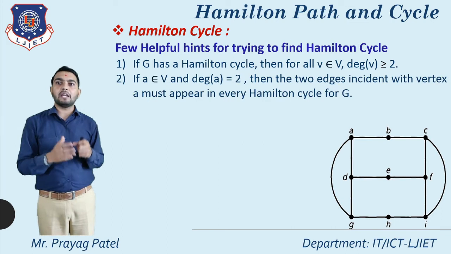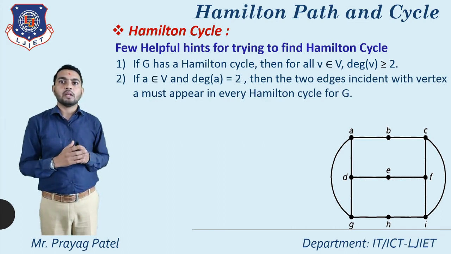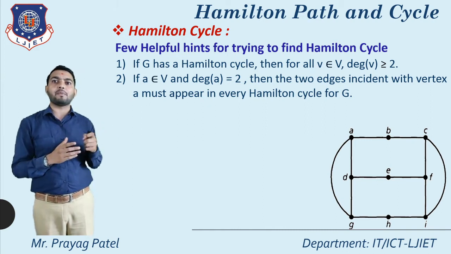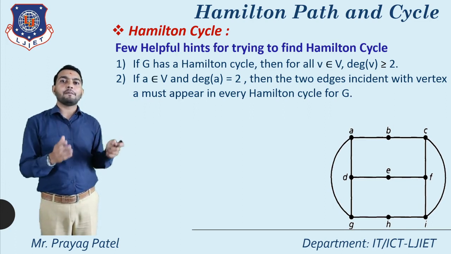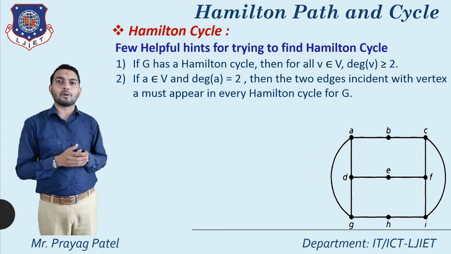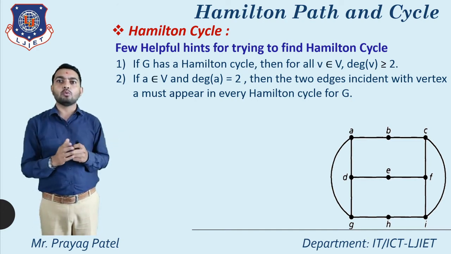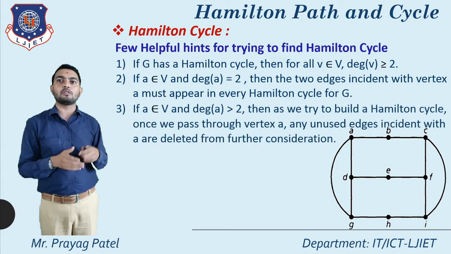Now second condition: if a belongs to V and degree of a equals 2, then the two edges incident with the vertex must appear in every Hamilton cycle for G. So if many Hamilton cycles are possible in a graph and any node has degree 2, then in each and every option you will get these two edges as visited in this graph.